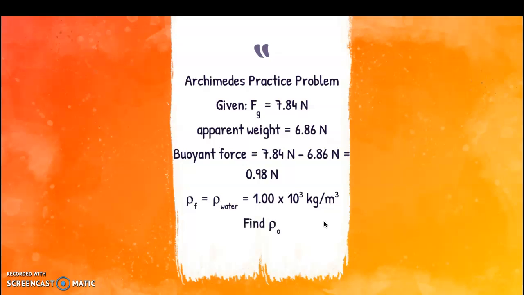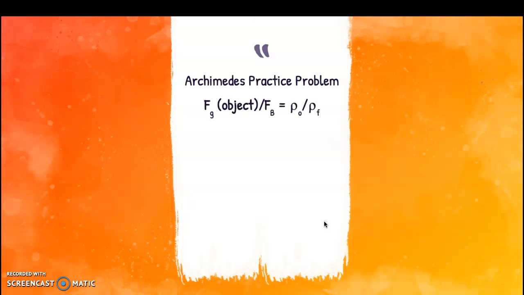So we're tasked with finding the density of the object, the density of the crown. Here's how we're going to do that. Here's our equation that we know and love. The force of gravity of the object divided by the buoyant force equals the density of the object divided by the density of the fluid. We're going to do some algebra on here and solve for the density of the object.